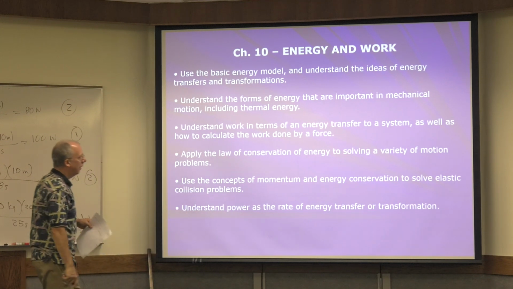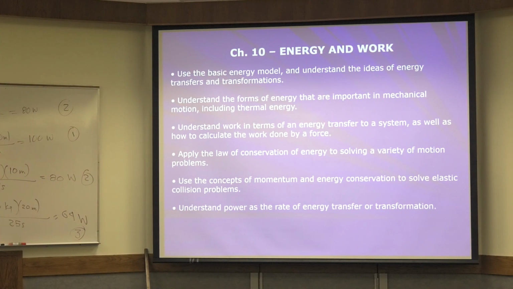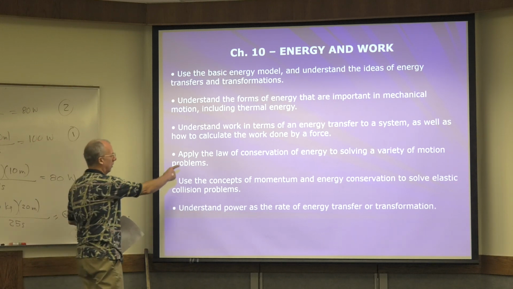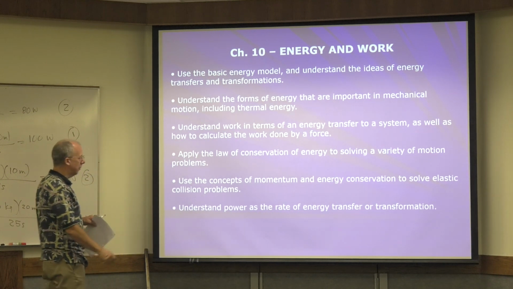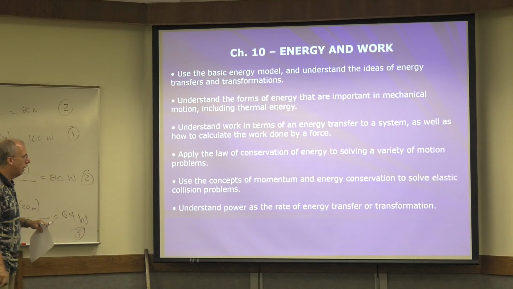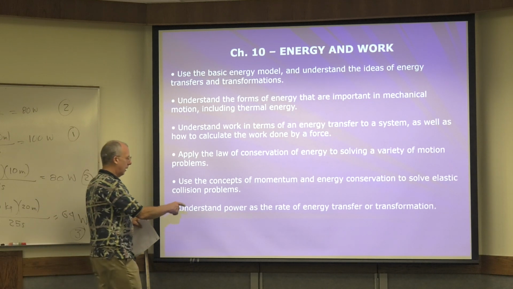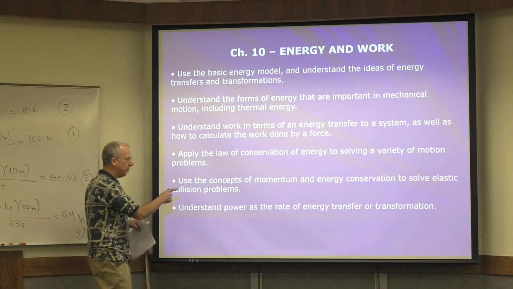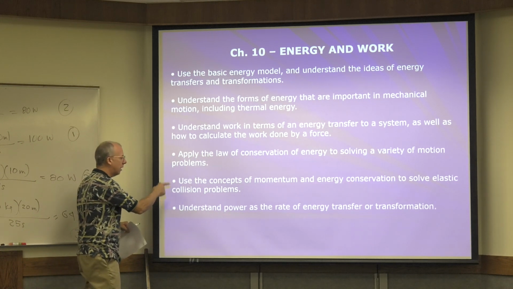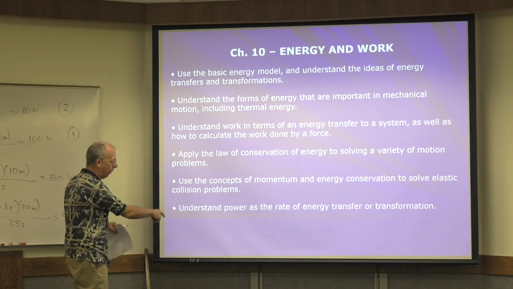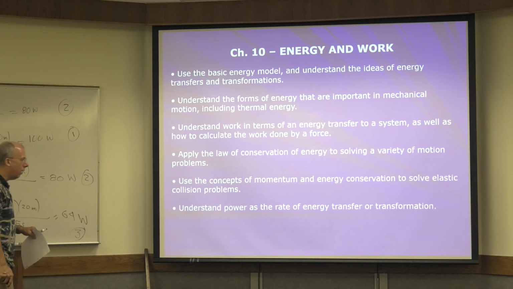You can change the energy of a system by doing work on it, and we learned the formula for work. I'll show you in a minute. We used conservation of energy to solve some problems. You'll do more in your homework. Then we used momentum and energy conservation to deal with elastic collisions. And then power, the rate of energy transfer. Whenever they say rate, it means you divide by delta T.